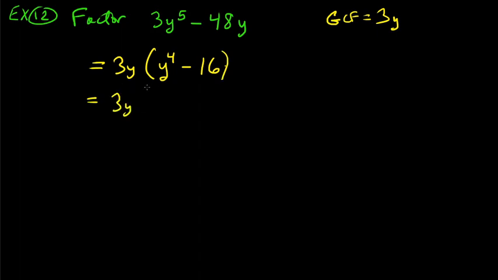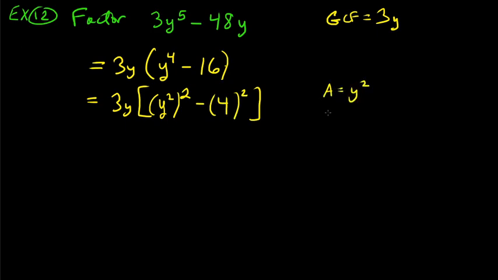Now, is there anything we can do with this y to the 4th minus 16? Sure. Y to the 4th is y squared squared, and 16 is 4 squared. Right? So my a is y squared, and my b is 4.